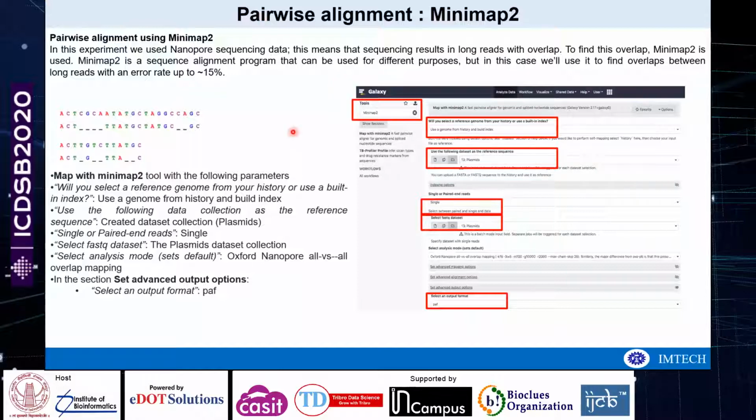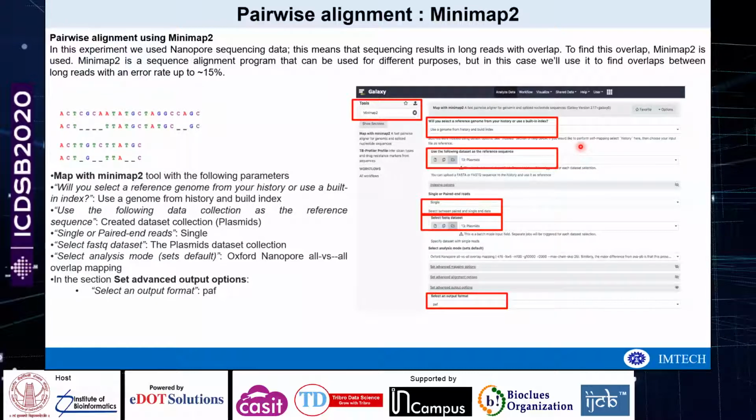To run this program, we again need to go through the tools, and we will type Minimap 2. Here you have to select to use a genome from history and build index. They are using reference sequences which have already been embedded in Galaxy, using some databases to align these sequences.